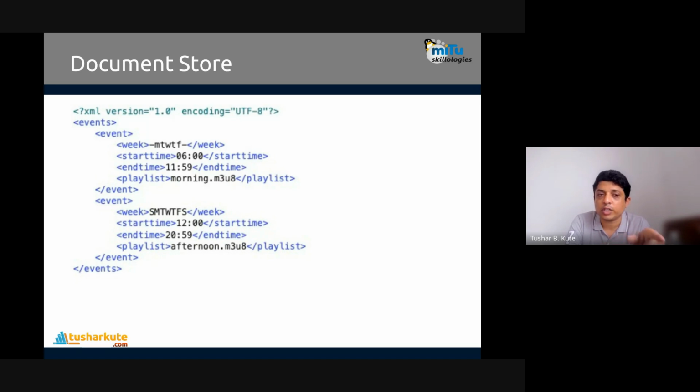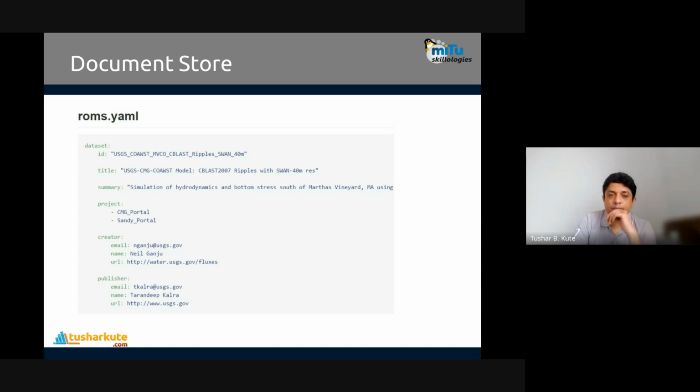These are the short names of your week days. Then under start time, end time, playlist, again under it you can have a hierarchical kind of system. I can have, but systematically I can store SQL data also inside an XML file. This is the XML file format to store the data. Second, third, YML. This is the YML file format.